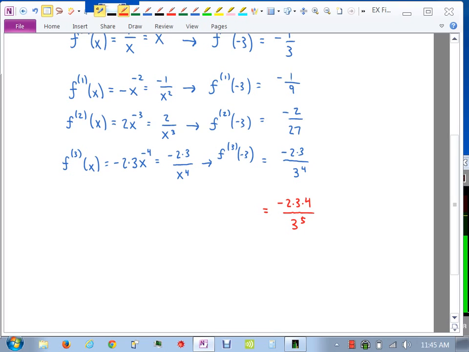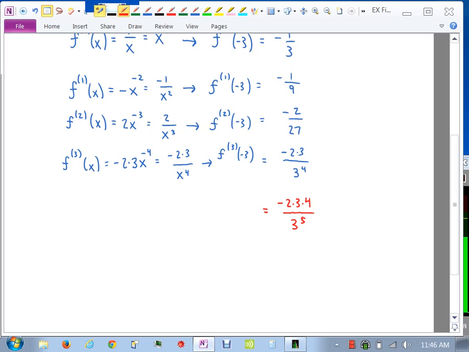Well, so far, none of them have been positive. Try it. Look, negative 4 comes down and becomes positive, right? But then it's to the negative 5, which means that that's going to be 5th power. Negative 3 to the 5th power is negative.